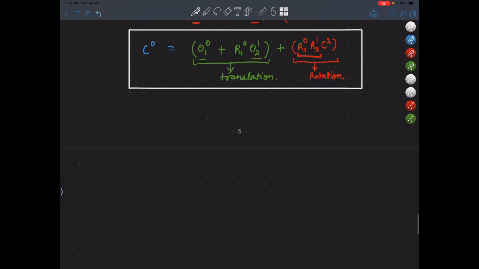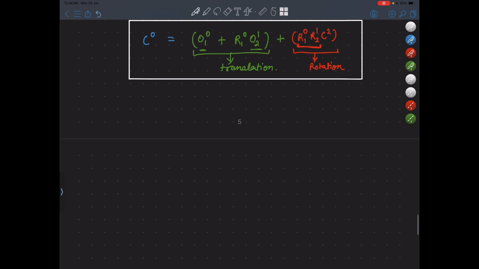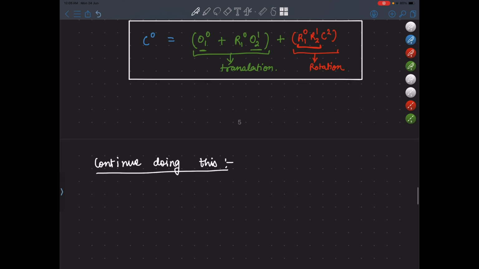Let's continue doing this: from O x naught y naught to O1 x1 y1 to O2 x2 y2, and so on and so forth till On xn yn.